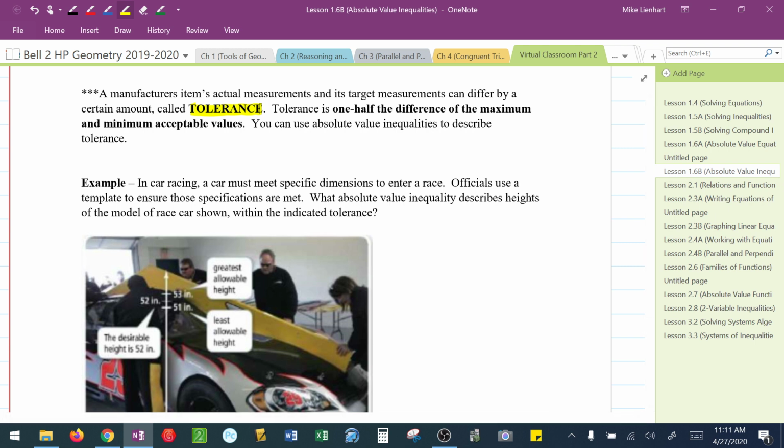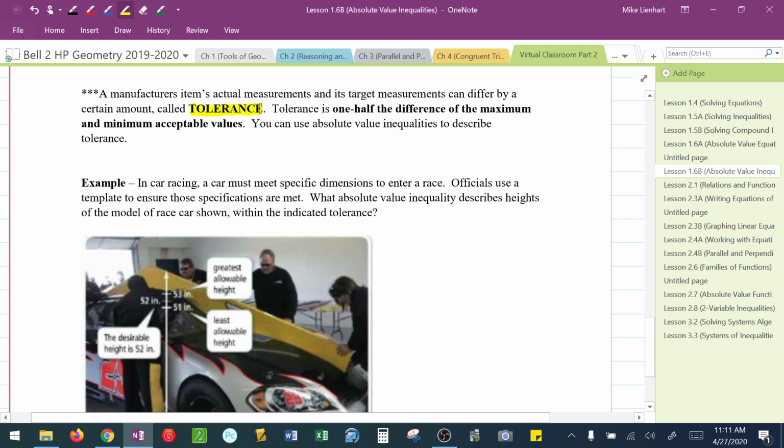Now, I chose this race car to show you. What they say in a race car is they want the height of the car to be 52 inches, but they give a little bit of flexibility. They say it's still legal if it's 53 inches, but it can't be any higher than that, or if it's 51 inches and it can't be any lower than that.